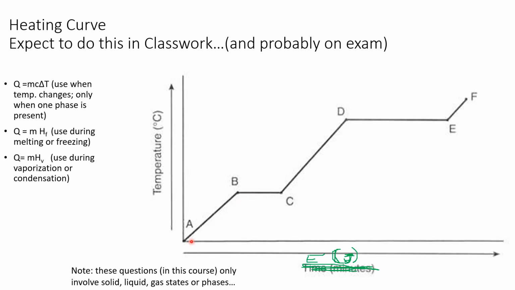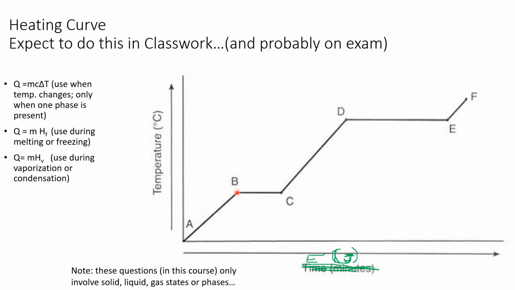So for instance, if this were water, an H2O system at 1 atmosphere, we'd have ice, and ice can be colder than 0°C, so maybe we have ice at -5°C here. We start adding some thermal energy, and the temperature starts going up: -4°C, -3°, -2°, -1°C, and then it gets to 0°C.